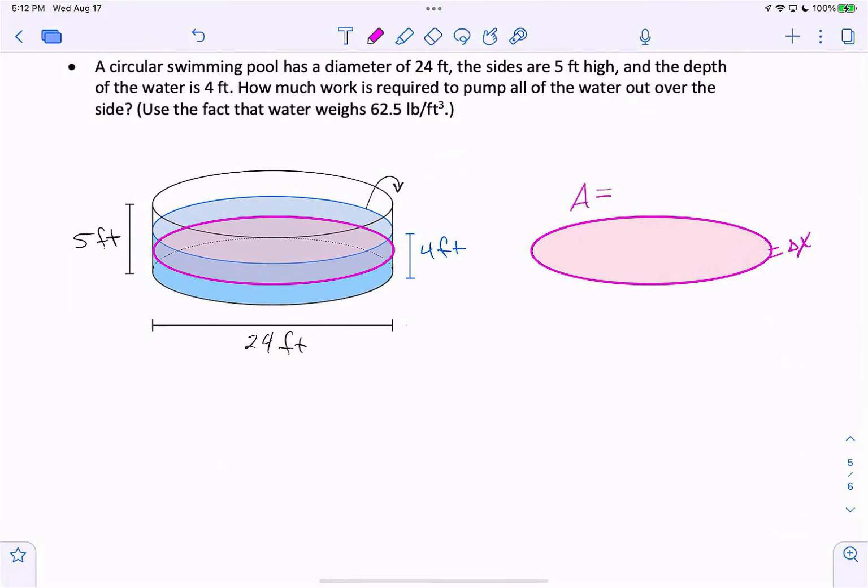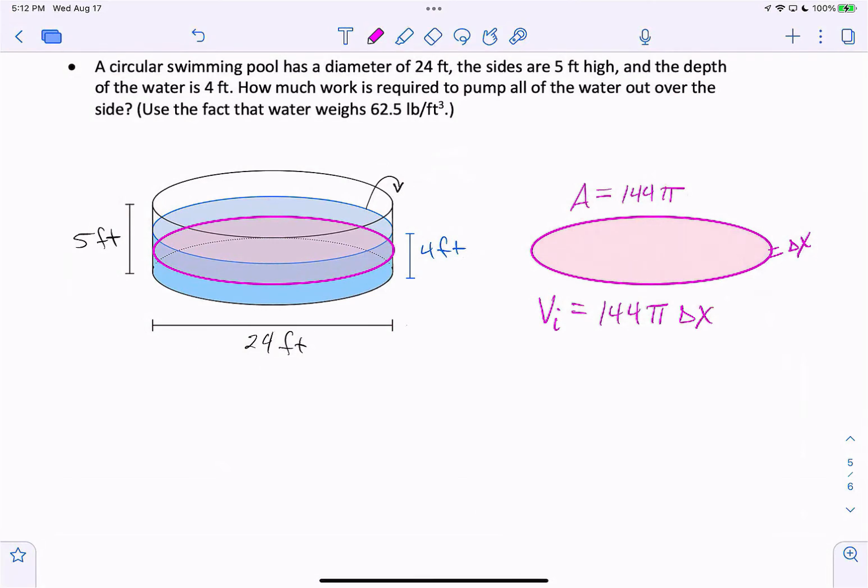In this case, it's going to be 144 pi because our pool has a diameter of 24 feet, and so a radius of 12 feet, and the area of a circle is pi r squared. So the volume, so I'll call this an incremental volume, of this layer of water is 144 pi times delta x.